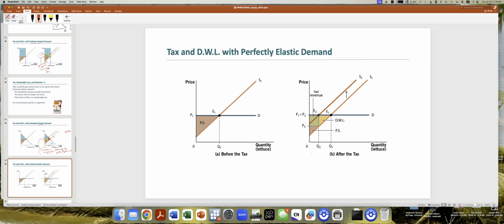And so when you tax there, even though this is, again, 100% legal incidence on the seller, it's also 100% economic incidence on the seller. Because of the perfect elasticity.